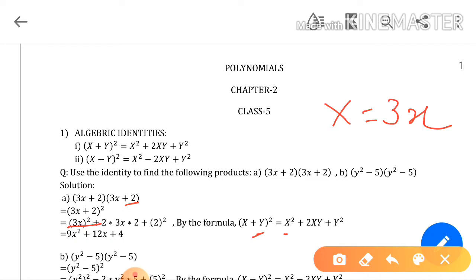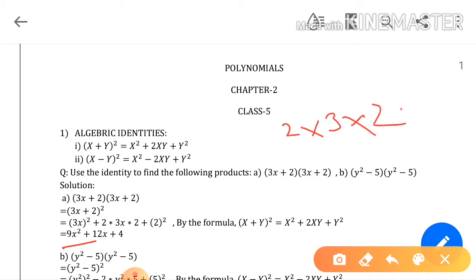Here capital X equals 3x and y equals 2. (3x) whole square equals 9x square. 2 into 3 into 2 is 12, and with x, it is 12x. 2 square equals 4.